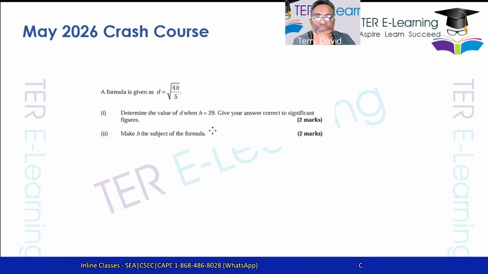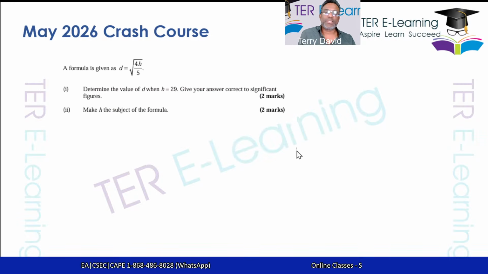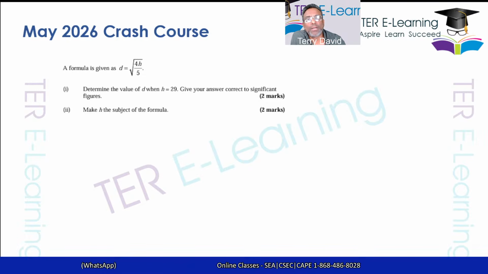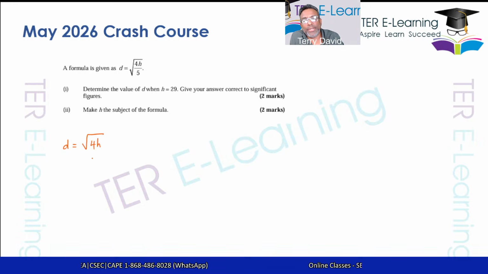So anyways, let me just go back to this one here. We have a formula here, and we want to determine the value of D when H is 29. This is a very straightforward question. You want to work out what is D. So D is given by this formula, all over 5.